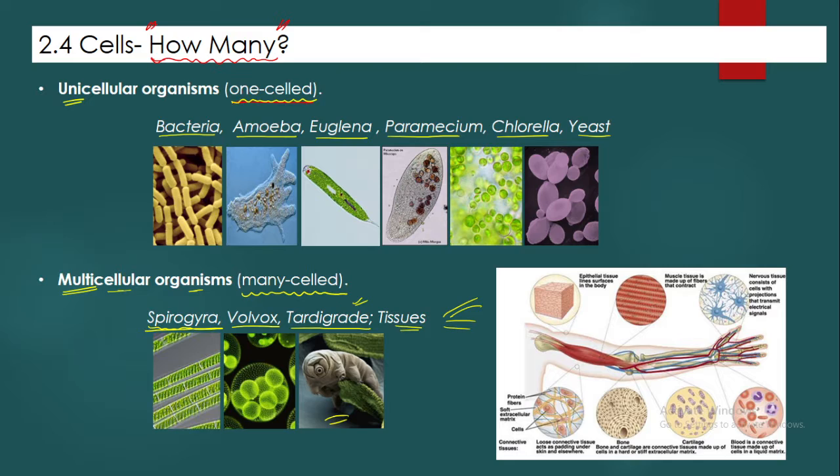Sometimes the complexity may be very great. The human body is a highly complex system. There are a huge number of tissues we will be studying in this year's syllabus, the different types of tissues present in humans, made up of different types of cells. This is all the diversity that we are seeing in cells.